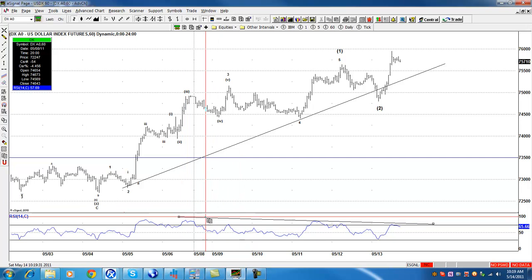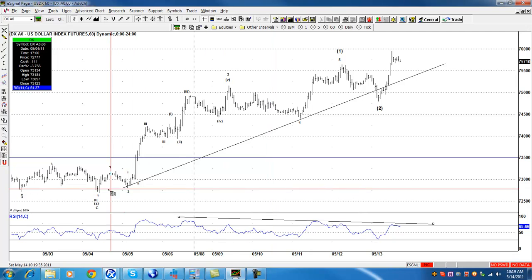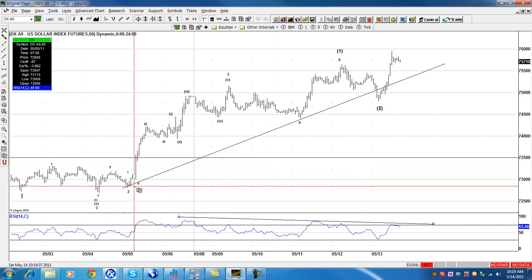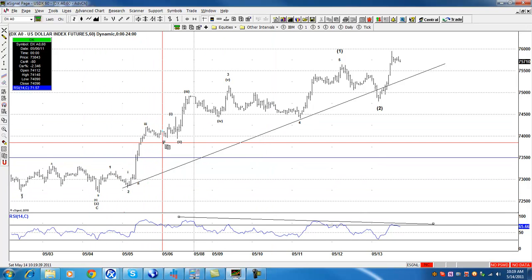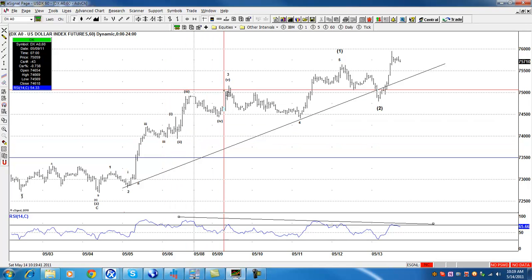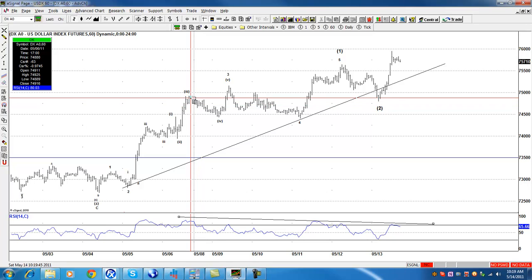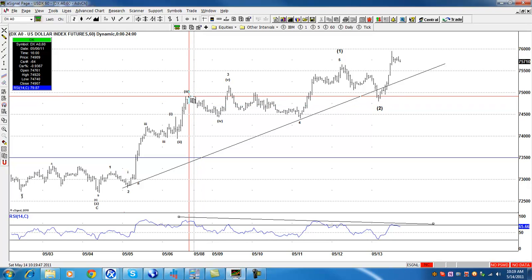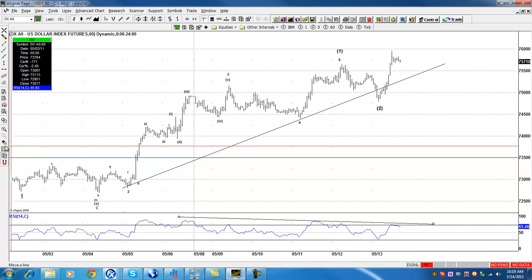Now, for our count, it can be 1, 2, 1, 2, 3, 4, and then this being wave 3 like we have it here, and then this being wave 3 or wave 3 in some degrees. It's very debatable, like I say.